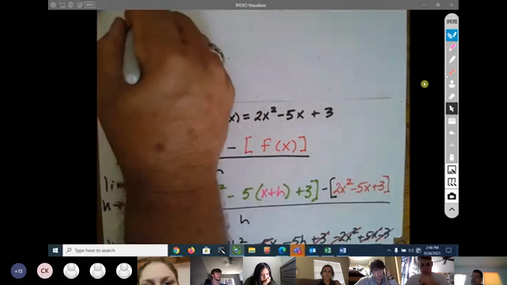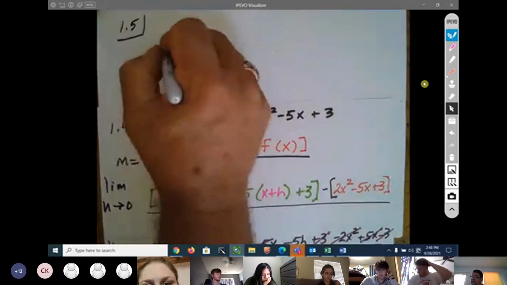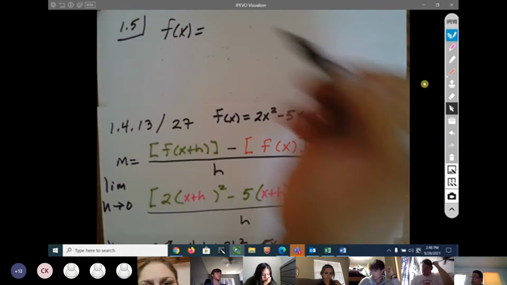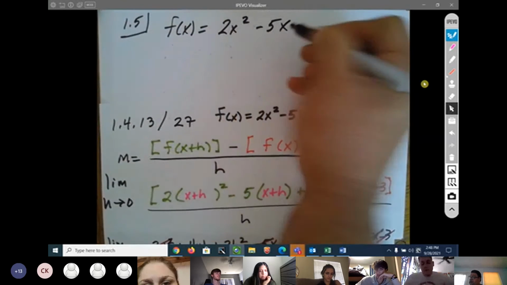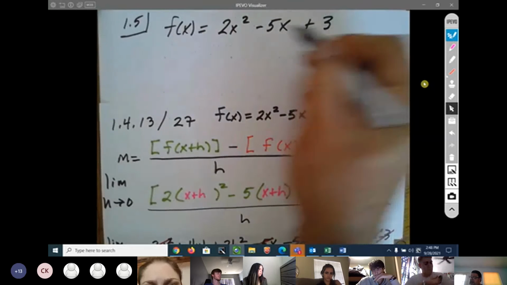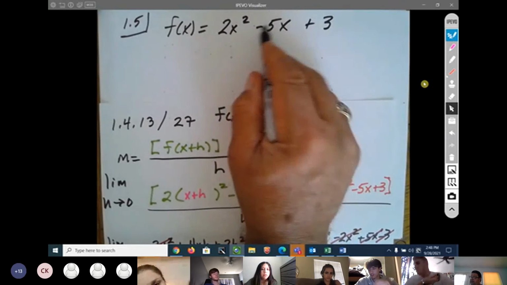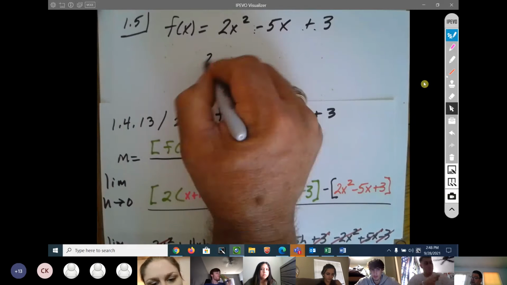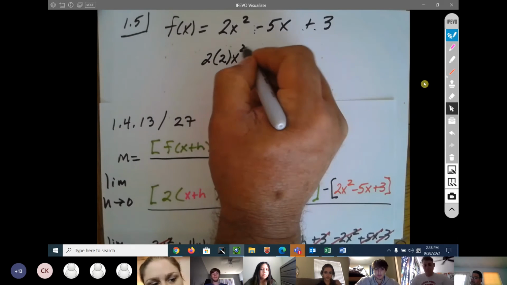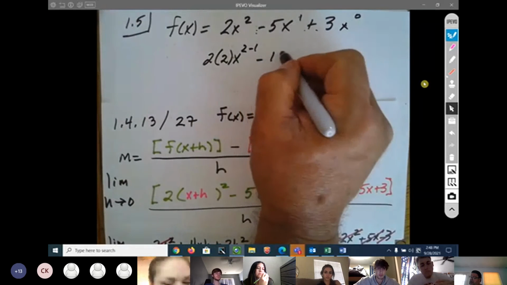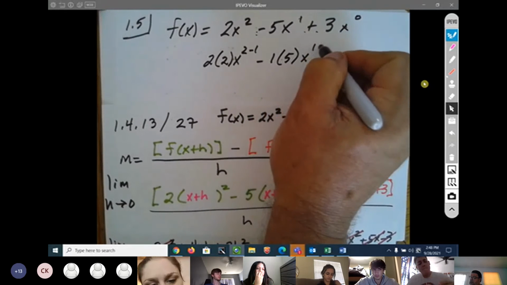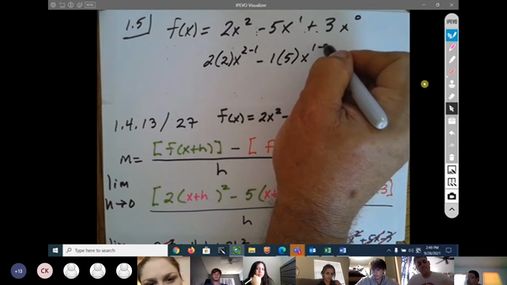In 1.5, f of x is equal to 2x squared minus 5x plus 3. I can take each one of these because it's sum and difference. I can take each one and do the power rule. 2 times 2, x to the 2 minus 1, minus 1 times 5 times x to the 1 minus 1, plus 0 times 3, x to the 0 minus 1.